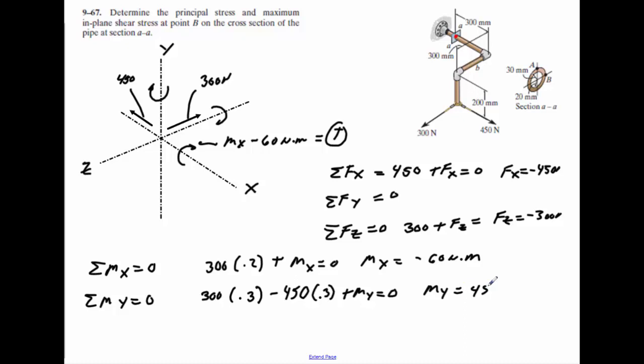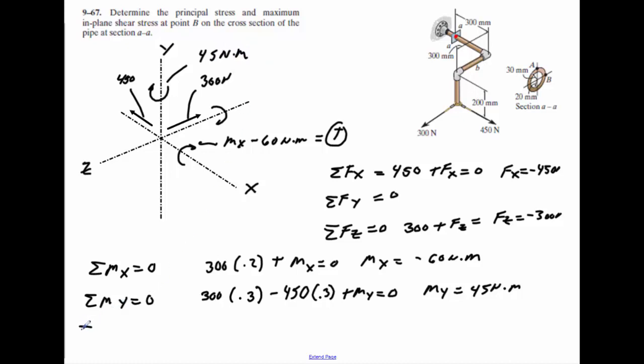In this case we get 45 newton meters. And we come back over here and then we'll just label this value as our 45 newton meters.